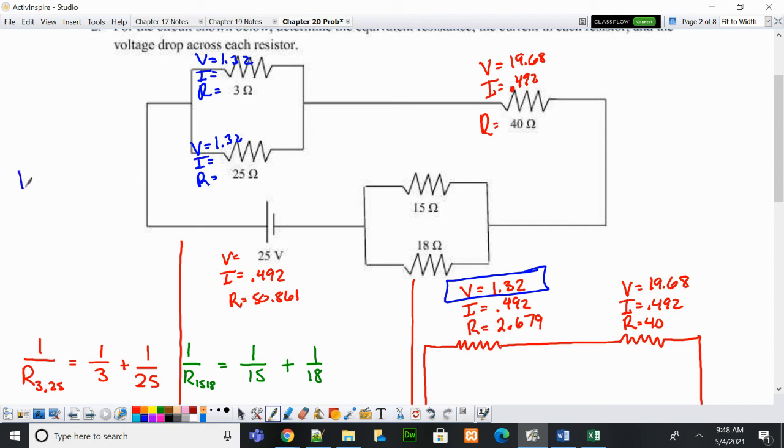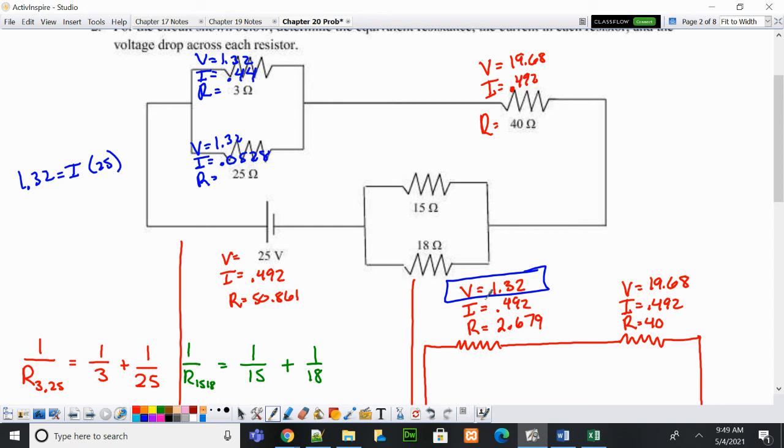So I've got 1.32 equals the current times 25. So 1.32 divided by 25, I get a current of 0.0528. And then 1.32 divided by 3, a current of 0.44 amps.